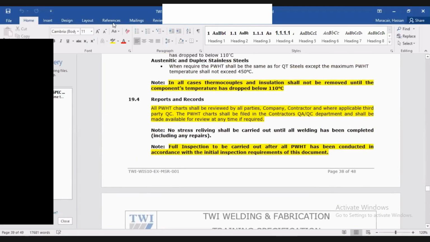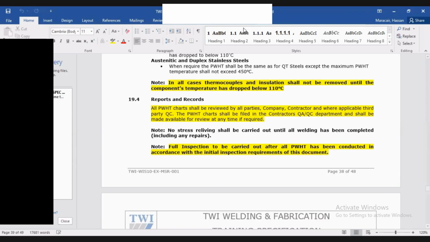In 19.4, it said, all post-weld charts shall be reviewed by all parties, company, contractor, and where applicable, third-party QC. The post-weld chart shall be filed in contractor's QA/QC department and shall be made available for review at any time. And note, full inspection conducted in accordance with initial inspection requirement of the system.